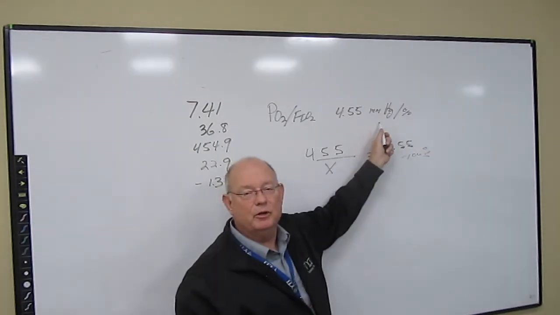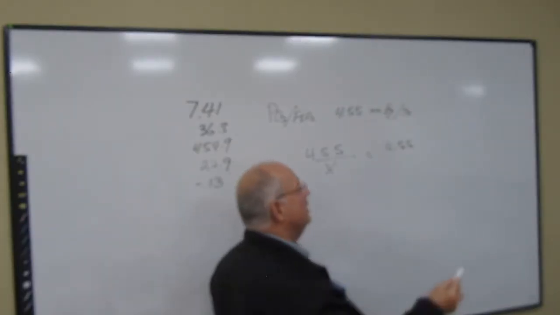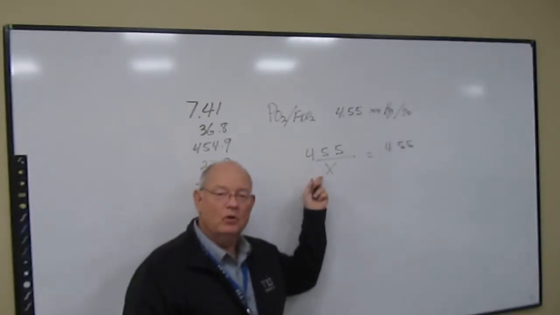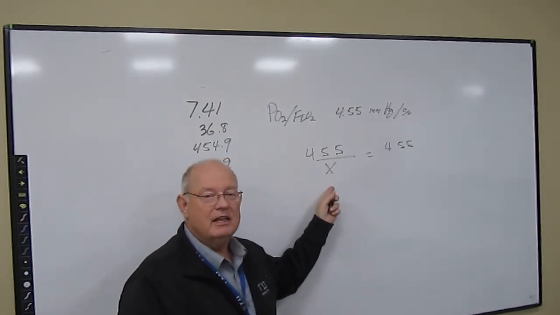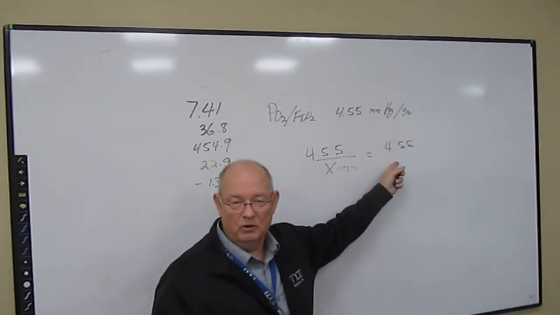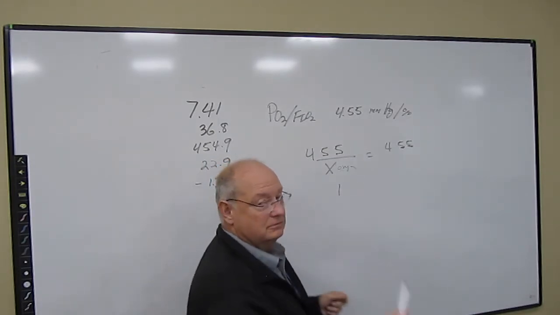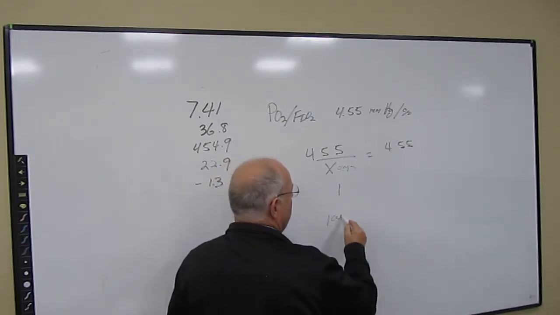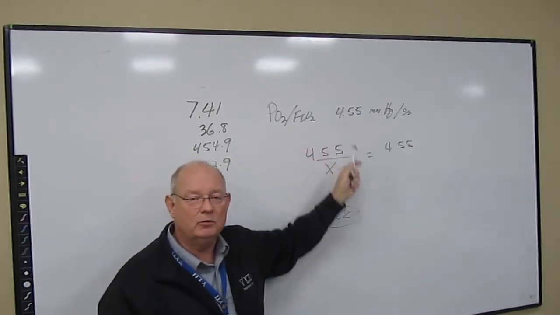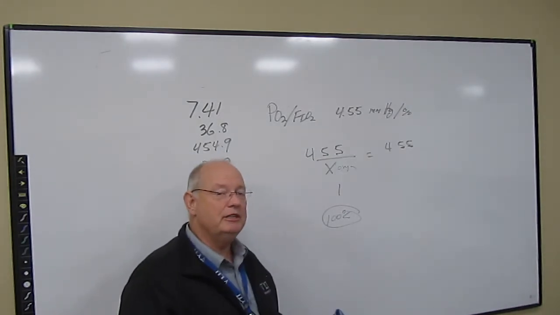If we want to get rid of that percent sign, we multiply through by 100, and we're going to get 455 divided by X, that's the oxygen. Oxygen equals 455. The oxygen then is going to be 1, or 100%. So because of this, we know this patient is on 100%. That's just a little trick I told you I would mention in the future.